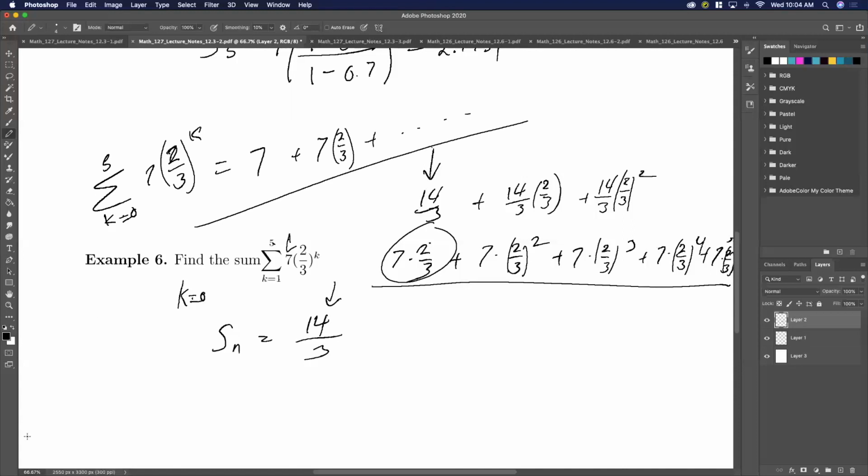But how many terms do I have in this sequence? How many terms do I have in this sequence? How many terms are in this one?